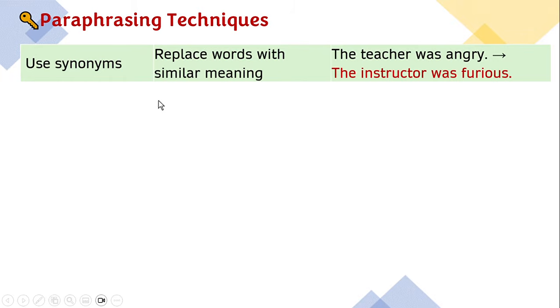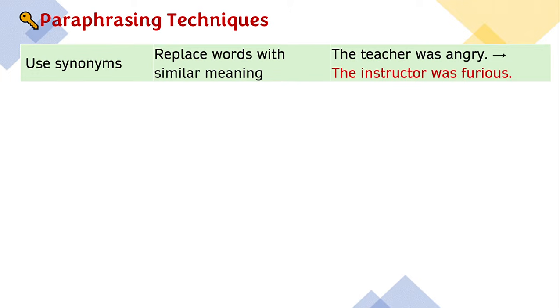How to paraphrase? We have some techniques that we can follow to paraphrase something. The first one is to use synonyms. Synonyms means words with similar or the same meaning. Sometimes we need to replace words with other words with the same meaning to keep the meaning without any change.